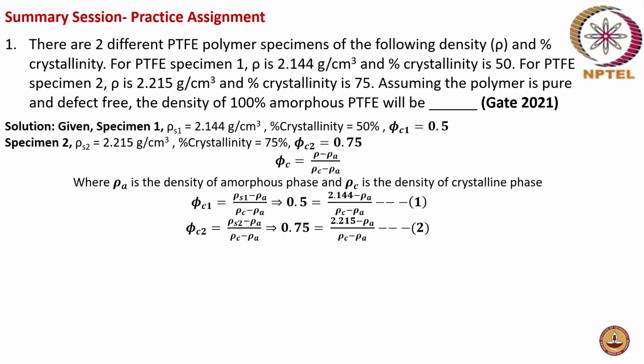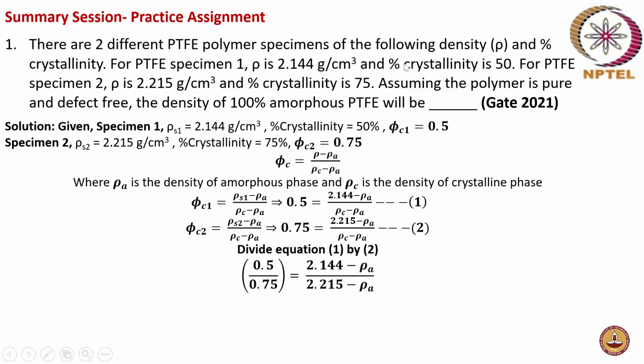So what can you do with these equations? If you divide equation 1 by 2, the denominator in both cases will get cancelled out. And then you will have 0.5 by 0.75 equal to 2.144 minus rho A by 2.215 minus rho A. Because for both these specimens, the amorphous phase density and the crystalline phase density will be the same. Only because of the difference in the fraction of crystalline and amorphous phase, the overall density is changing.